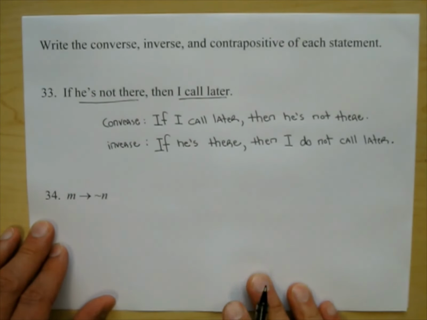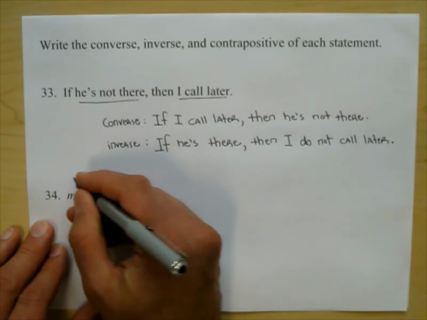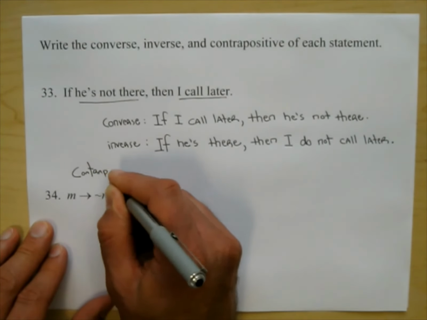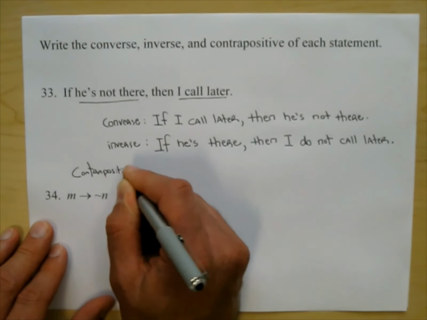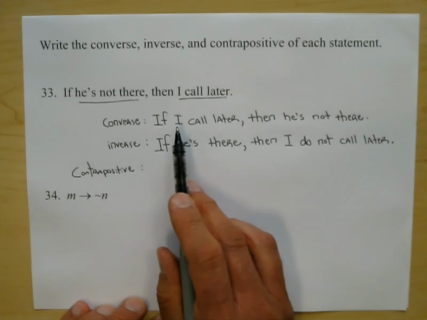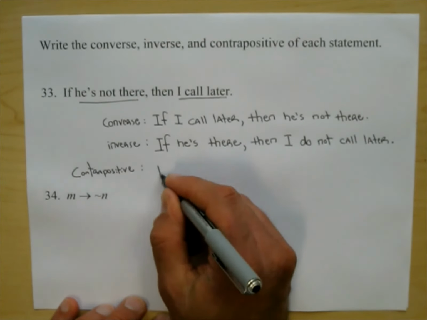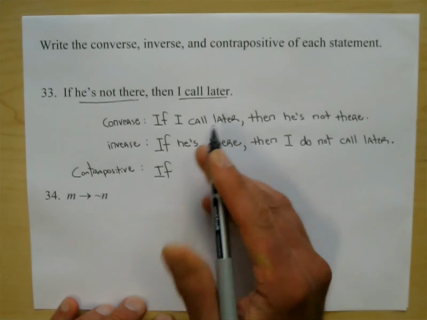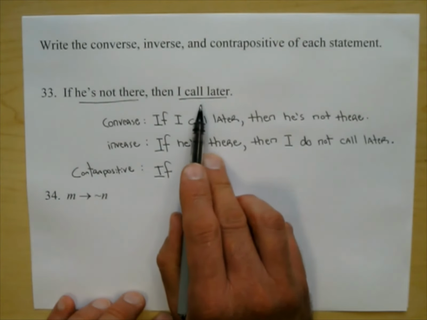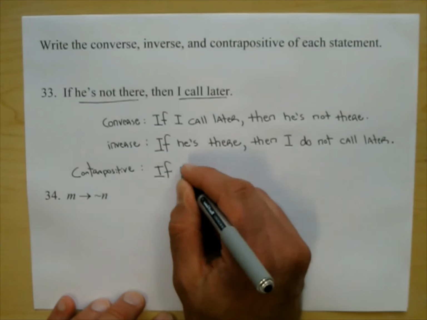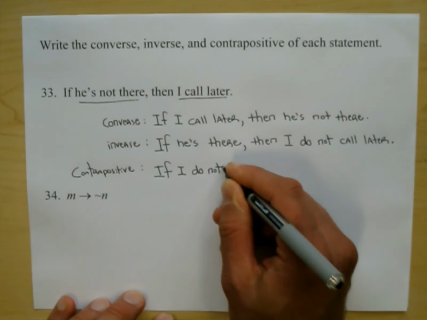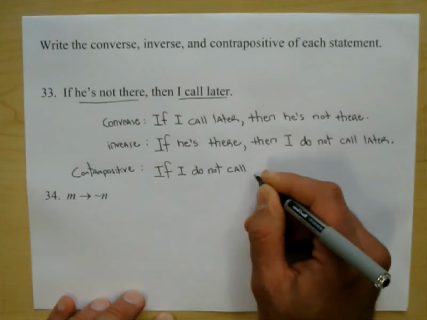There we are. And then the last one is the contrapositive. The contrapositive is a swap and a negate. So you're going to start off by saying if, and you go over here. If I do not call later, you could say don't.